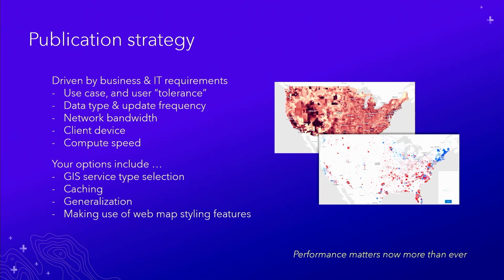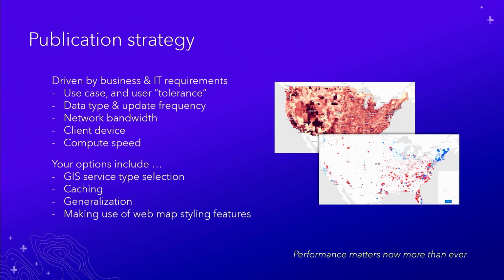The type of device your clients are using. Can you assume that everybody has a modern laptop with a GPU-enabled graphics card, or not? Or are you working against mobile devices, for example? And then the speed of the compute that you have on the server.